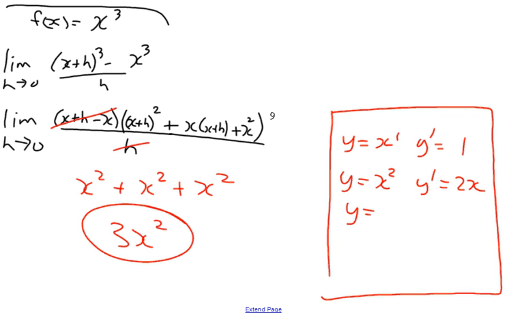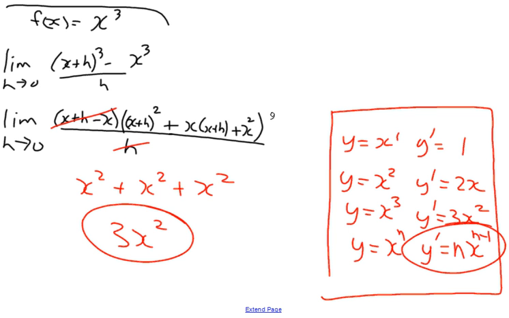If y was x cubed, y prime was 3x squared. If y is x to the n, y prime will be n x to the n minus 1, and a new formula is born.